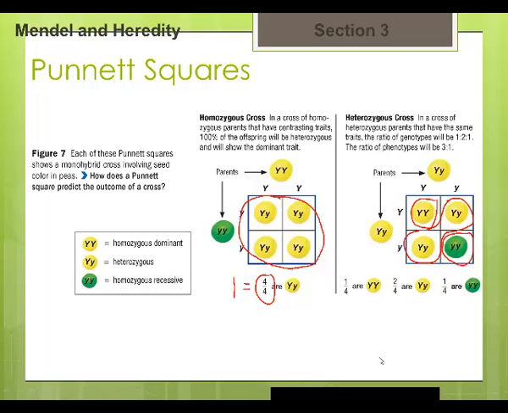So we end up with a ratio of 1 to 2 to 1. So in this case, the phenotypic ratio of yellow seed color, or yellow pea color, ends up being 3 to 1. The genotypic ratio is 1 to 2 to 1.